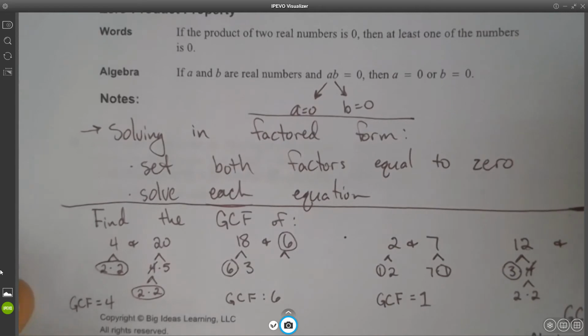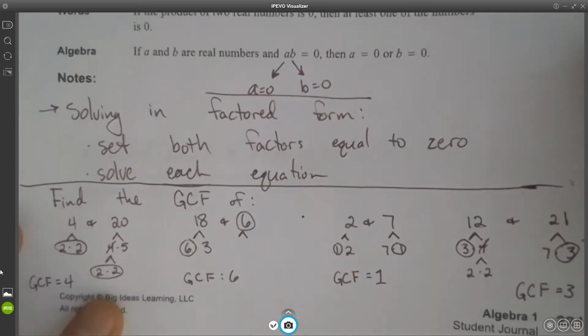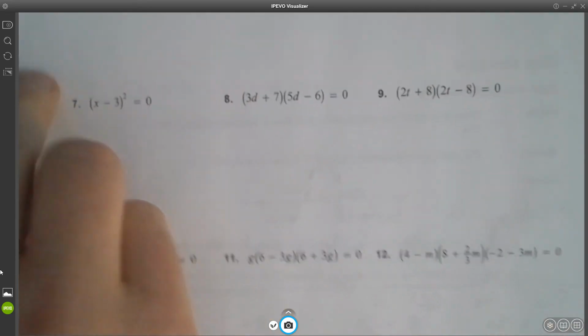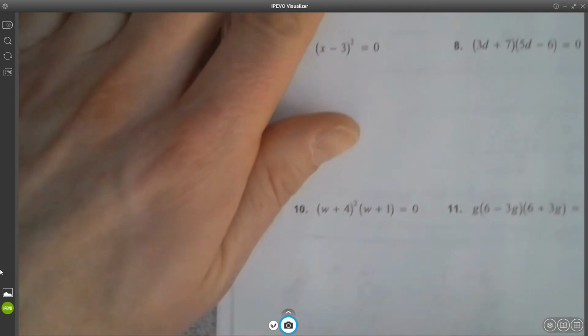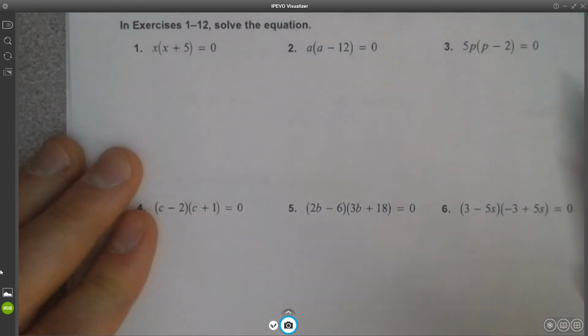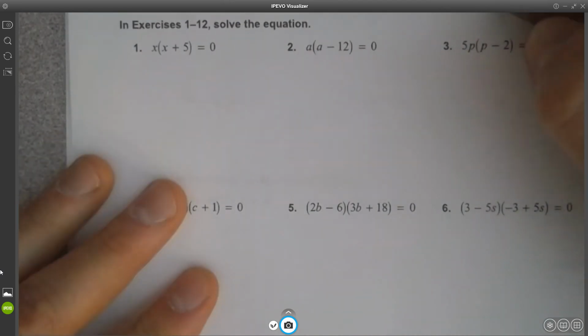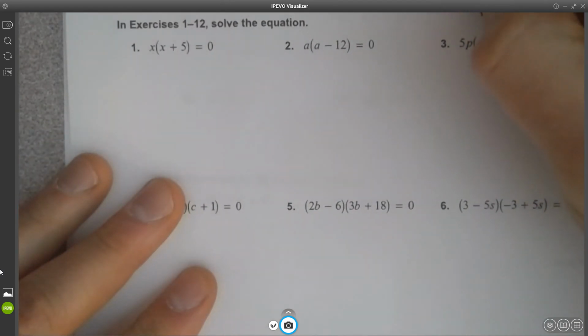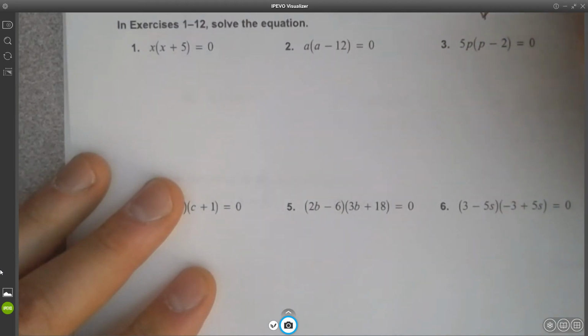Before we get into using the greatest common factor a little bit more, let's talk about solving. So on page 222, you have a bunch of polynomials written in factored form. You know it's in factored form because there's parentheses. So when you see parentheses, that means that you are in factored form.